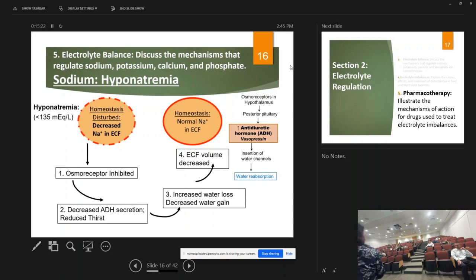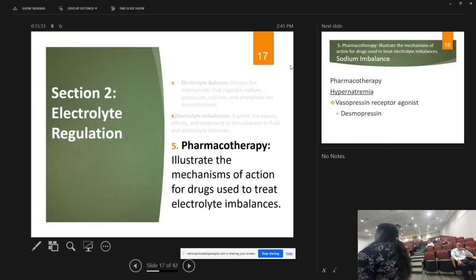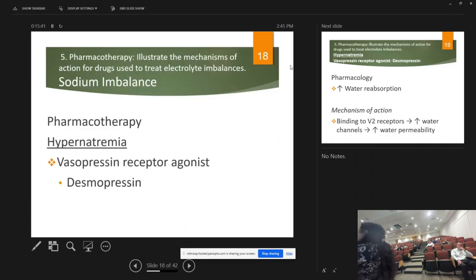This is still physiology, but let's see if not everyone is able to correct it, so that's where you need the therapy, right? So let's move on to the mechanism of how, if there is a drug available, how can it help correct? So for hypernatremia, you want to use these two drugs, which is the vasopressin agonist and also desmopressin.